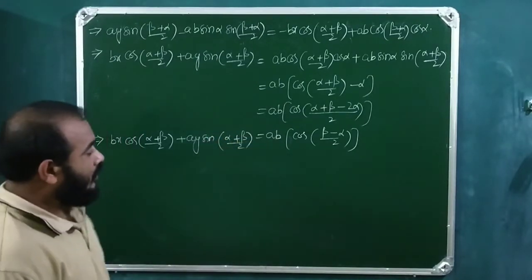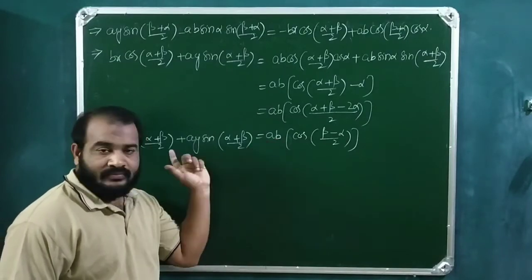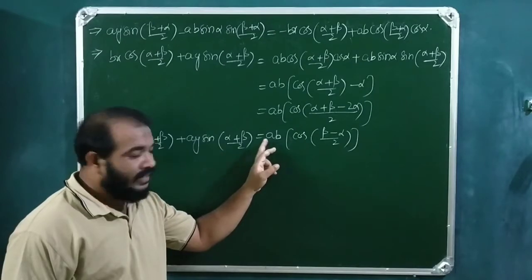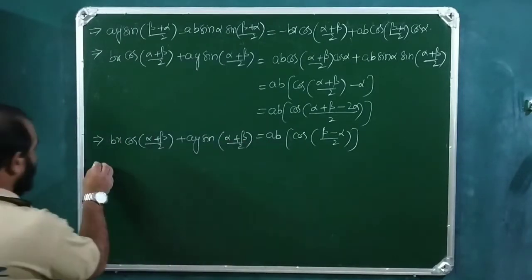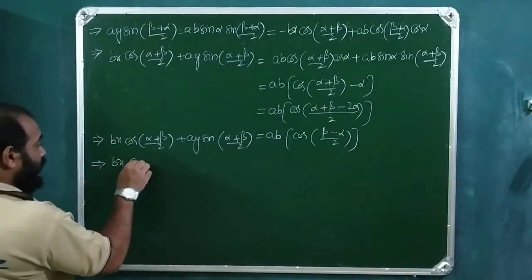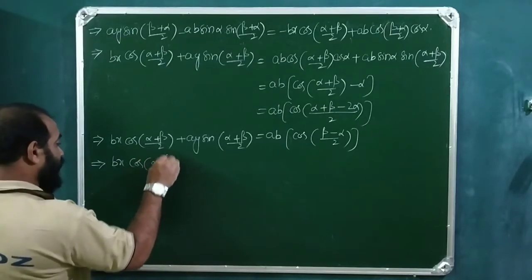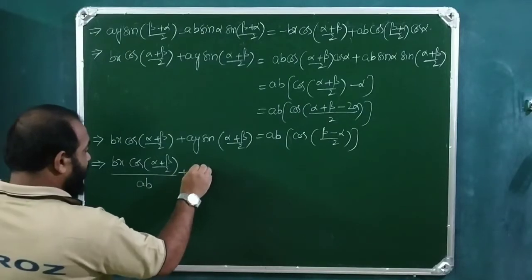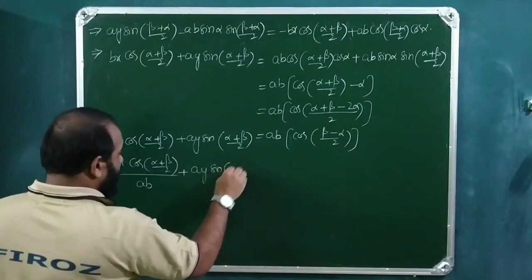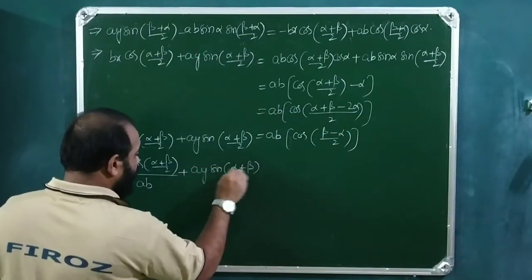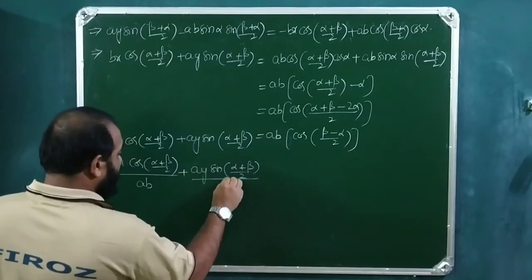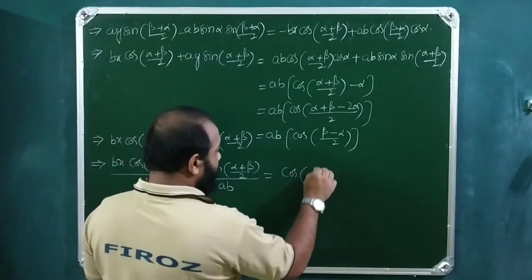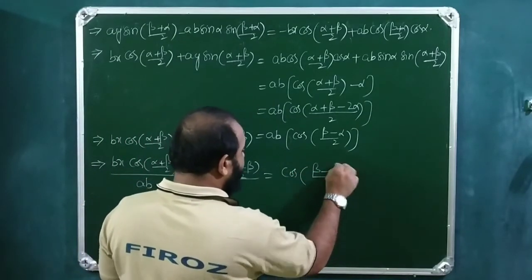Now let us divide by ab on both the sides, then we'll get bx cos (alpha plus beta) by 2 by ab plus ay sin (alpha plus beta) by 2 by ab is equal to, ab by ab is 1, so cos (beta minus alpha) by 2.